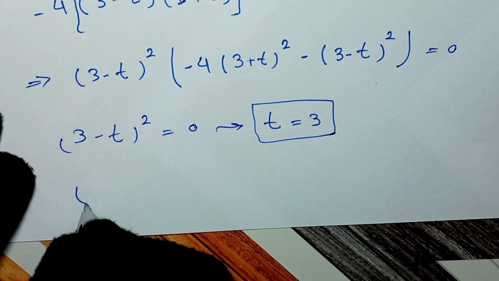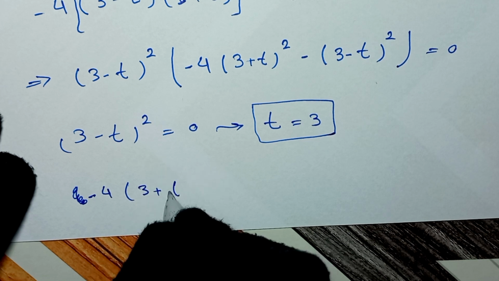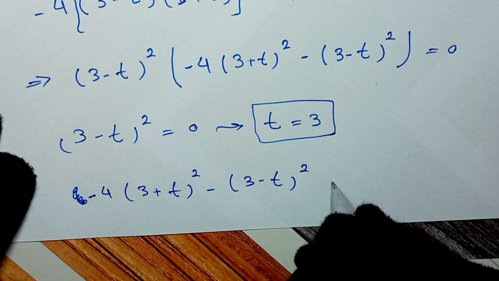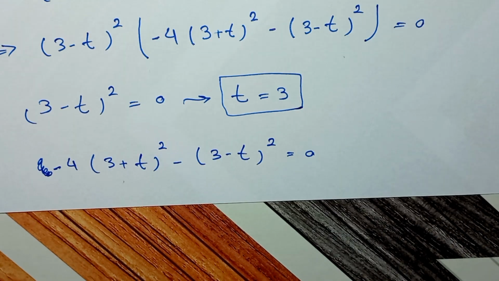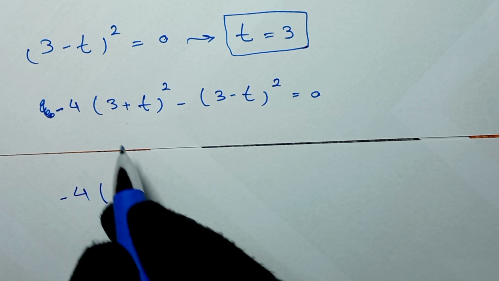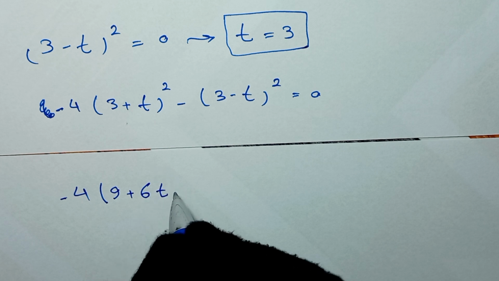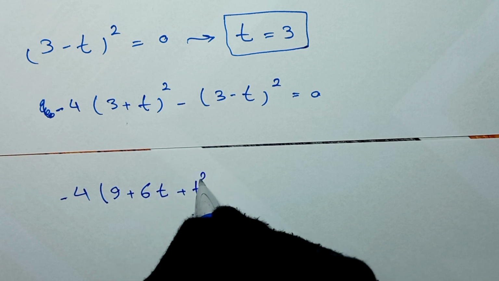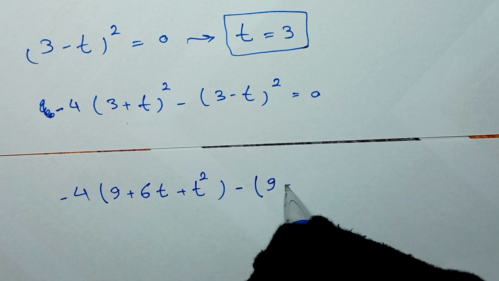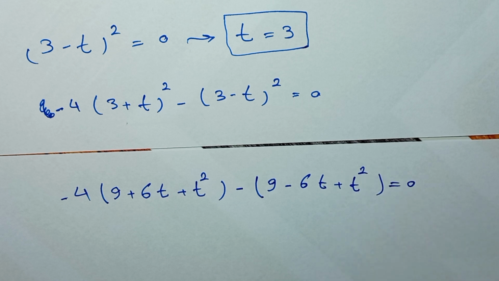So we write negative 4 times 3 plus t to power of 2 minus 3 minus t to power of 2 is equal to 0. And next step, in here, it will be negative 4 times 3 plus t to power of 2, it will be 9 plus 6t and plus t square, and minus 3 minus t to power of 2, it will be 9 minus 6t and plus t square is equal to 0.